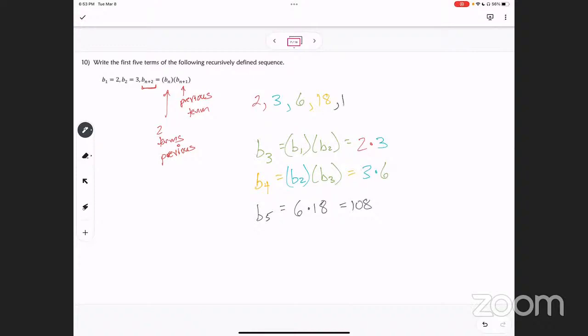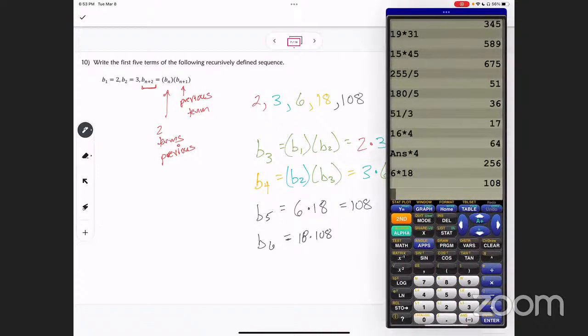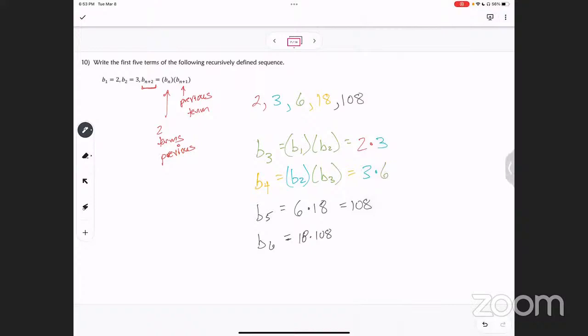What's your sixth term? 108 times 18. 1944. So that is a recursive formula that's based upon two previous terms.